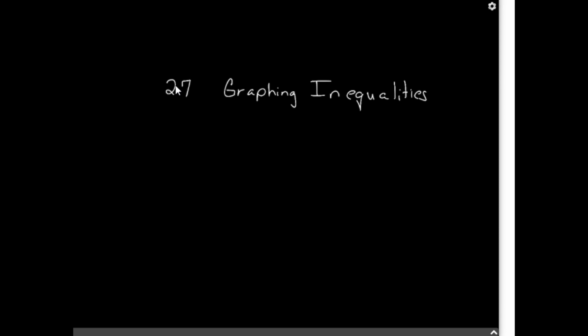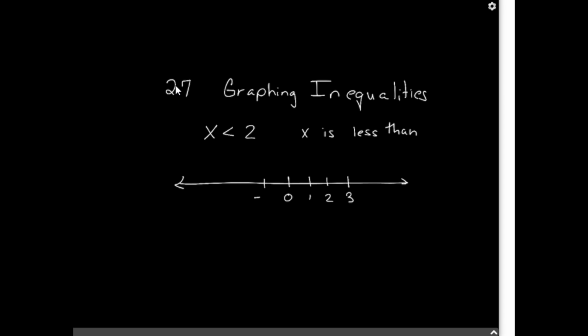If you ever have x is less than 2, what that means is wherever you have a number line, starting at 0, 1, 2, 3, and going in the opposite direction, -1, -2, -3, you start at 2, but because this is strictly less than, you use an open circle.